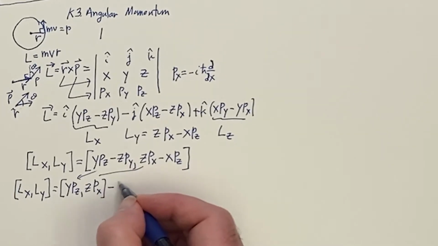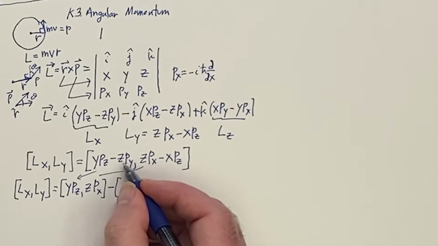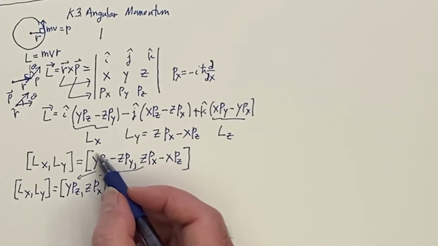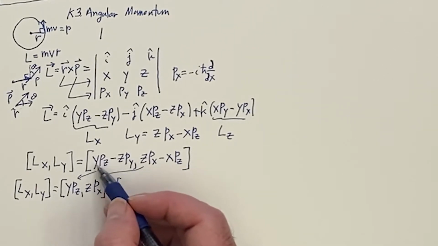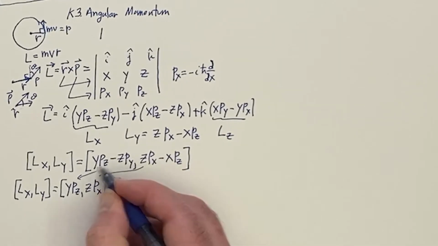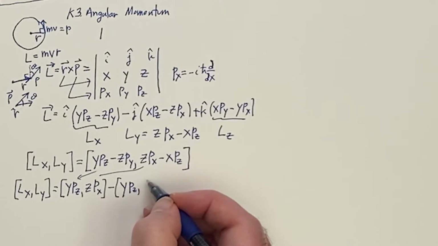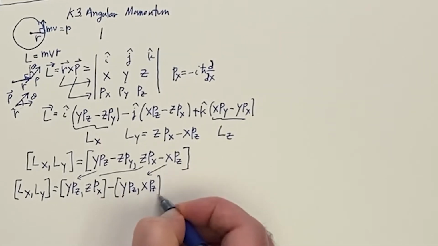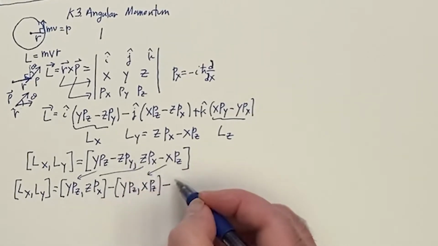Then there'll be a minus, and then let's do this one for both of these first. So that's y, pz, and the minus sign's coming from here. And then I would have x, pz. Then work on this next one.